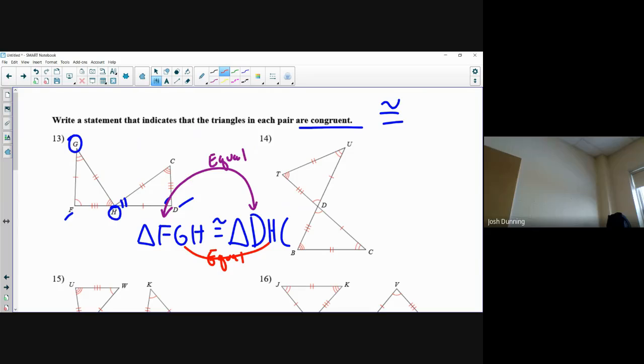So H and C are equal there. That way, if I don't give you the picture of the triangles, that's how you know what parts go with what. So, didn't mean to erase the letters there. The H. There we go. So that's the answer for 13.